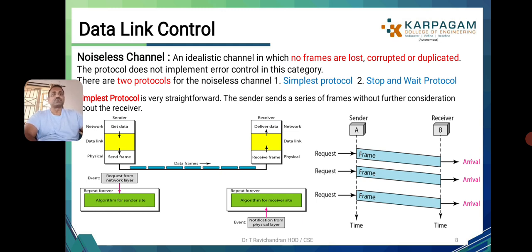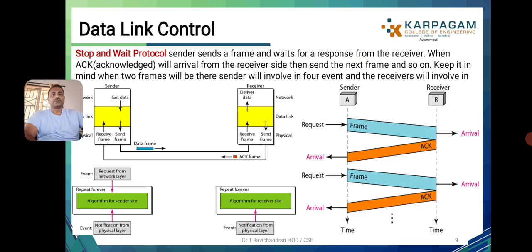The two categories of the noiseless channel are the simplest protocol and the stop and wait protocol. In the simplest protocol, the data is sent directly from the sender to the receiver, and the receiver collects all the frames sent.